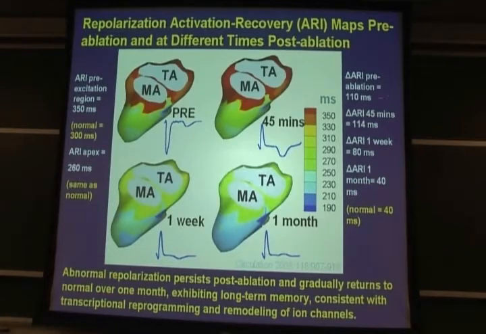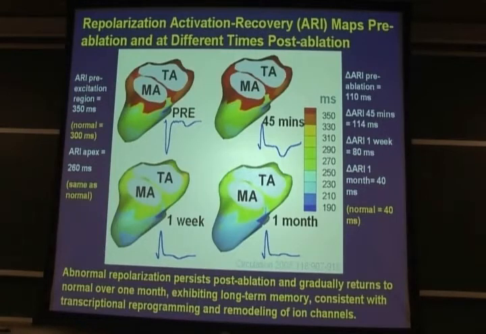And in fact, you can see here that the delta, the activation recovery interval differences, the gradients, are 110 milliseconds before ablation, that's huge. 114, which is about the same, 45 minutes after ablation. After 1 week, it's 80, and after 1 month, it's 40. And 40 is what we measure in the normal heart. So it takes about a month to come back to normal for the repolarization process.